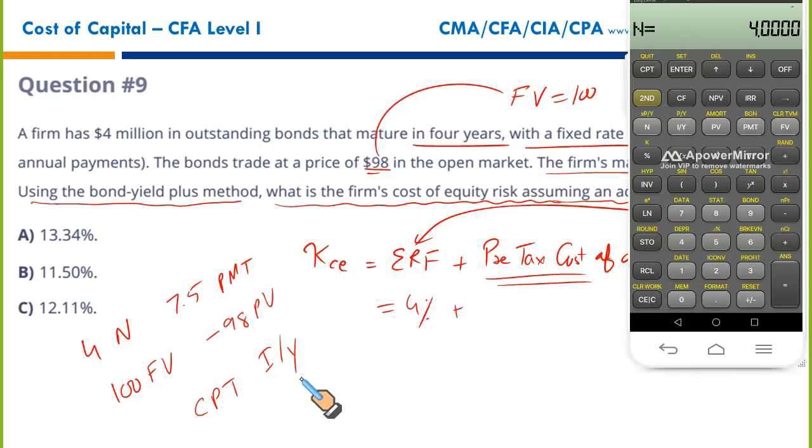Let's do it. 4 N, 7.5 is PMT, 100 FV, negative 98 is the current market price, PV. Just press CPT and this sign, it gives you 8.1053.